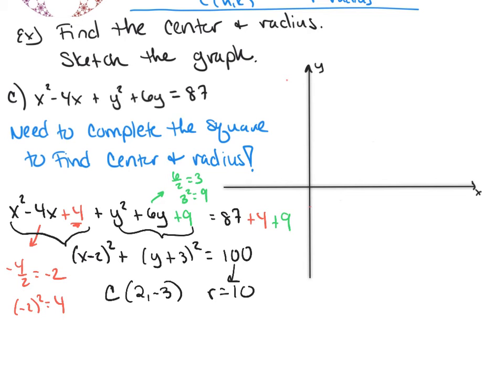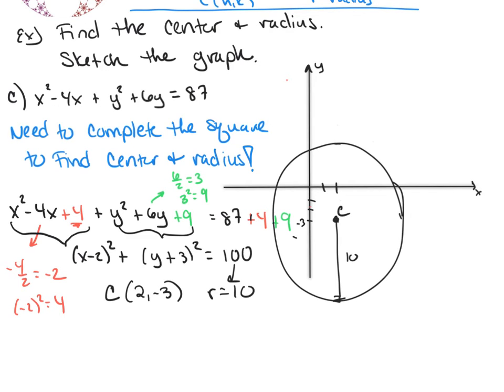So my center is at 2, negative 3. And the radius is 10 in every direction. So I have a rather big circle that I'm approximating, where this would be 10 units for the radius.